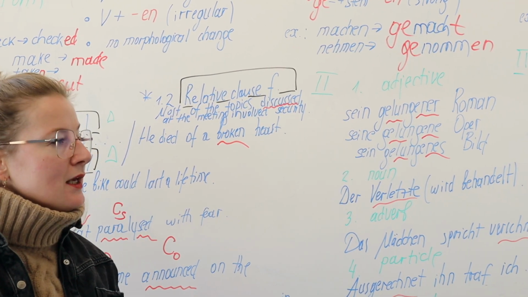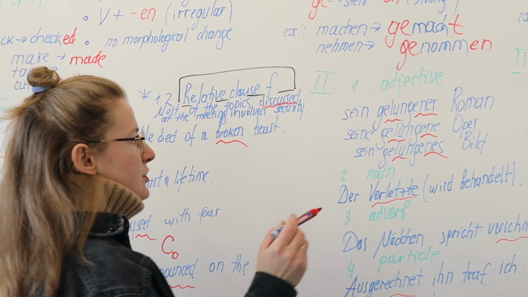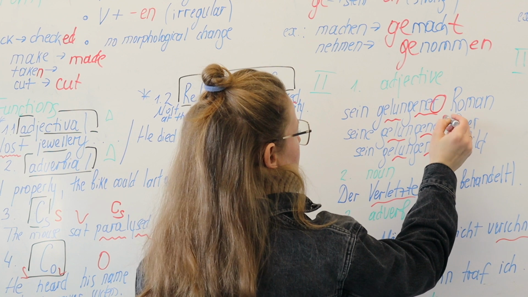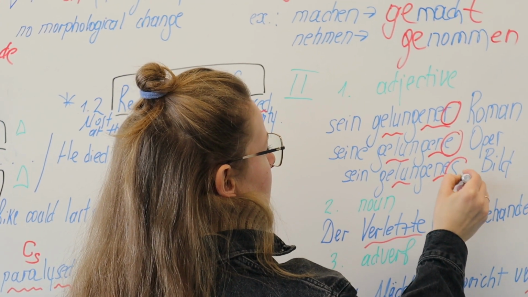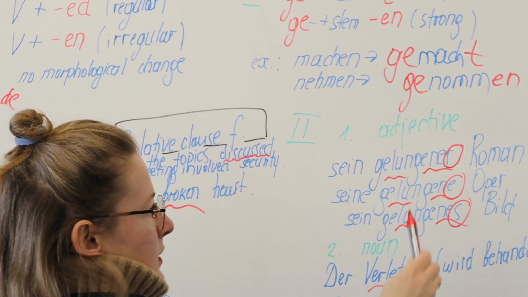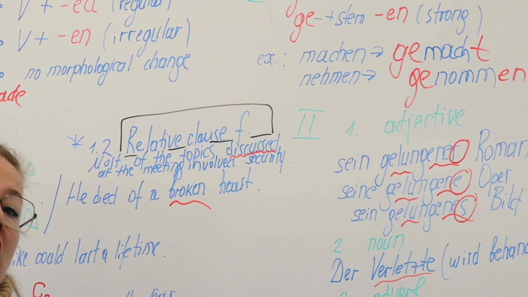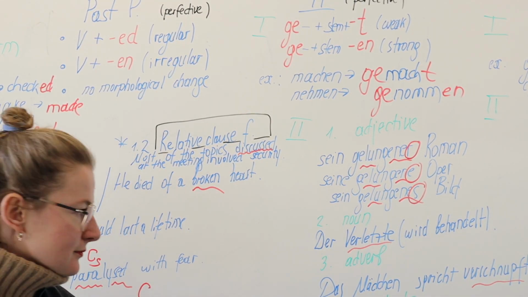And as you can see, again, an indicator that German is an inflecting language. Gelungener, we have these declensions here. Or seine gelungene Oper, sein gelungenes Bild. Yeah? So, masculine, feminine, neuter. Der Roman, die Oper, das Bild or Buch.